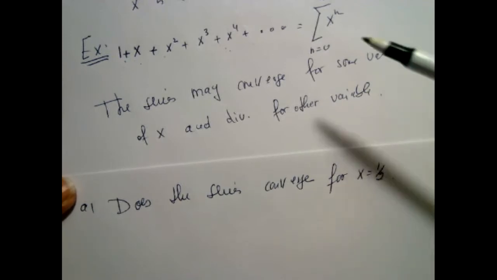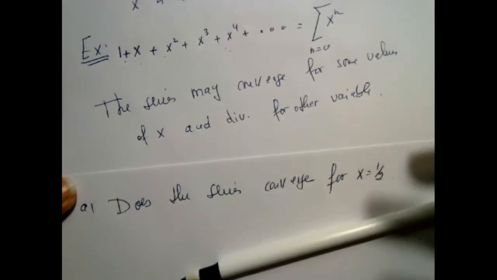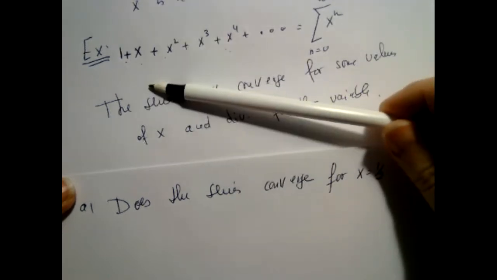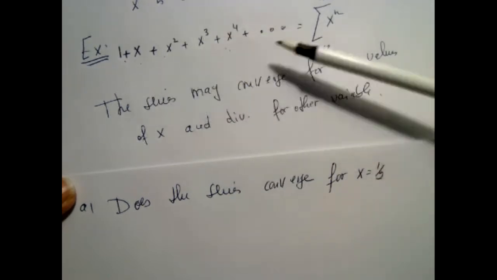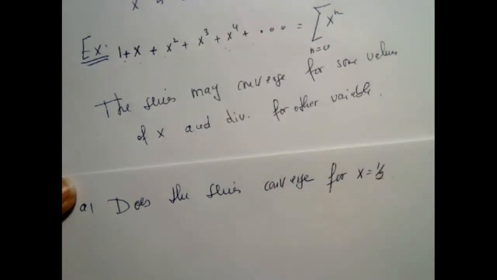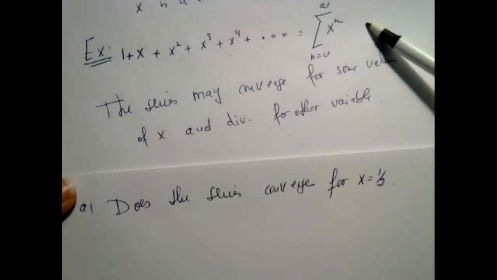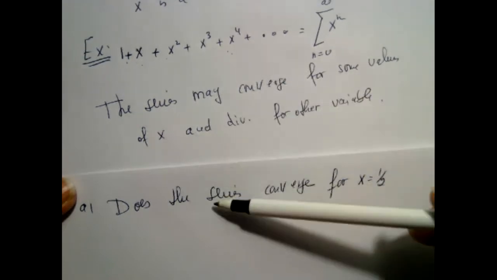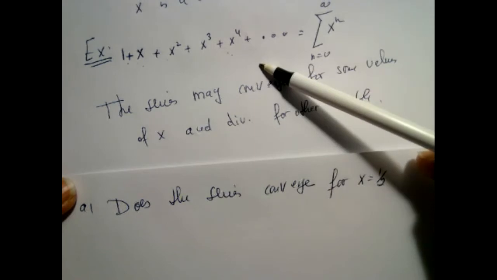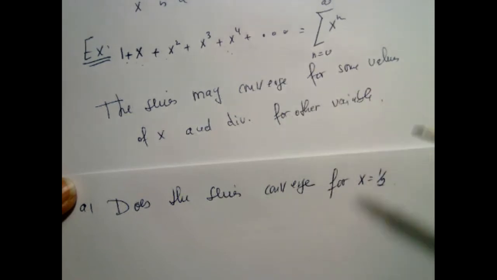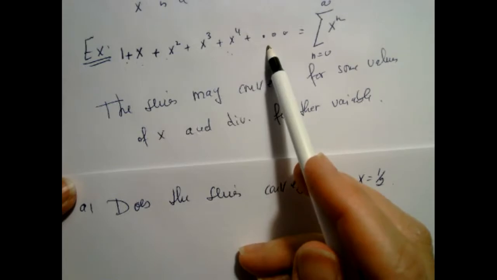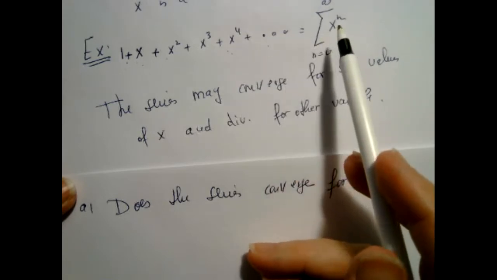Yes or no? A power series is a series that involves a variable x, and for some x's this series will converge, for others it won't. It means if I plug 1/2 into this expression, will the series converge?